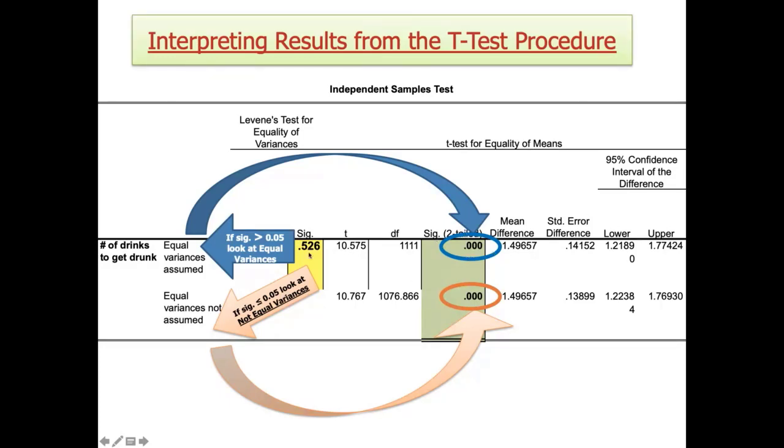If it's smaller, in this case it's not, but if it's smaller, then you look at the bottom: equal variances are not assumed. So this is kind of like a map. Whether you look at the bottom or the top significance depends on whether the significance for Levene's test is smaller or larger than 0.05.